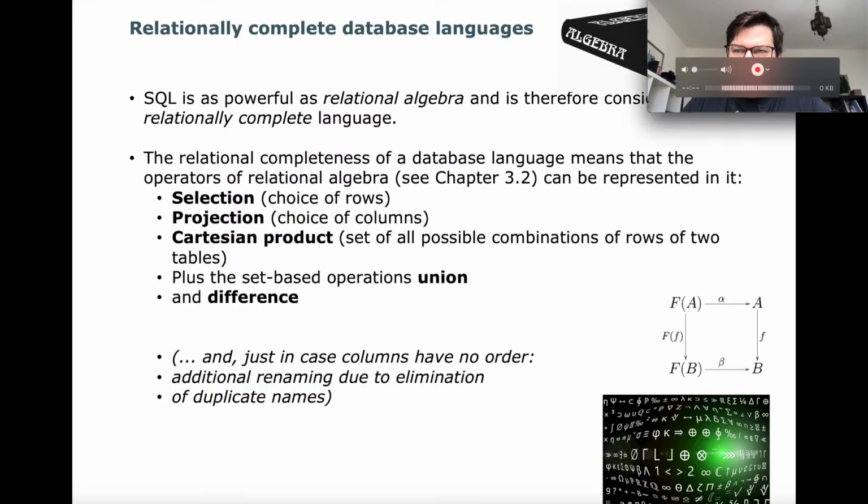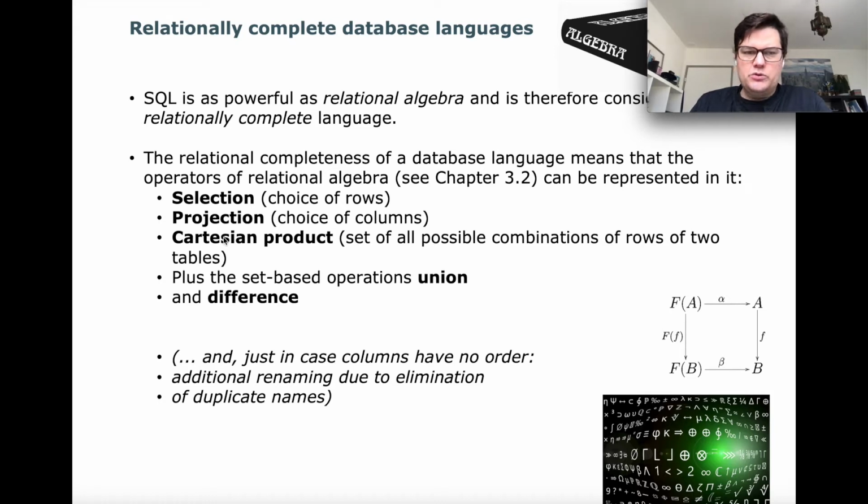So a little bit more detail on relationally complete database languages. SQL is as powerful as relational algebra. That's what I said before. This means in more detail that at least the operators of relational algebra can be represented by it. You can read this in chapter 3.2 in the book.